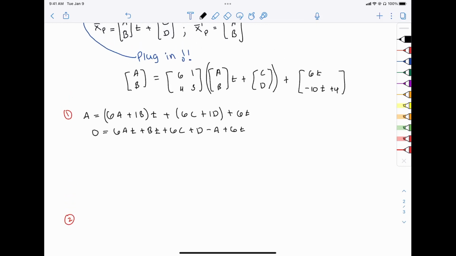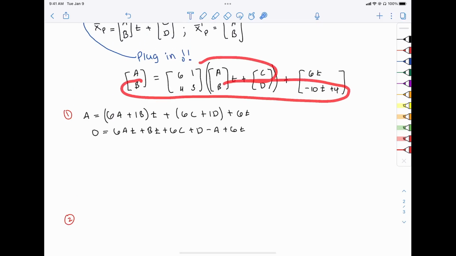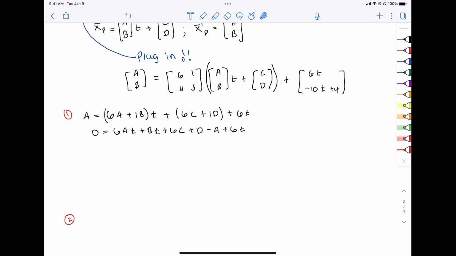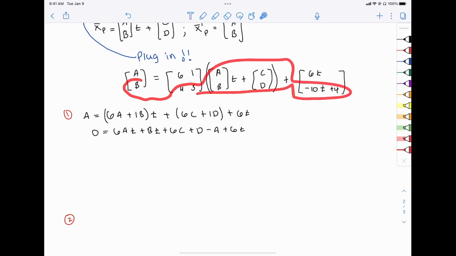But let's find our second equation here, where we basically b is going to equal, well, now we multiply all this out, and it looks like that.